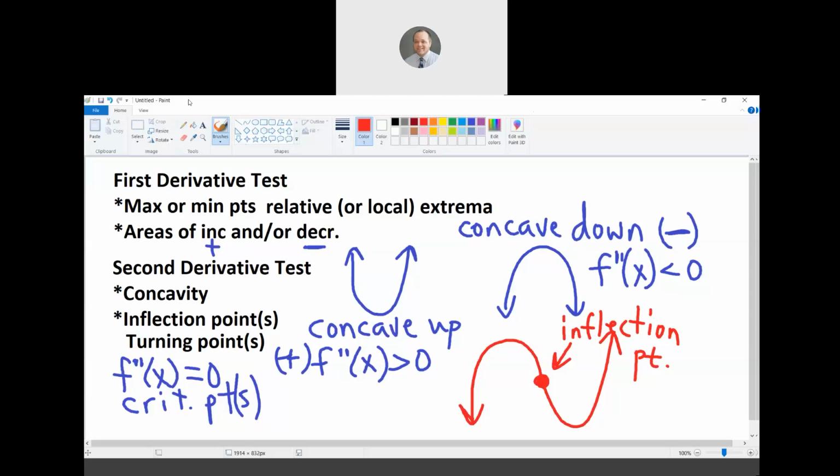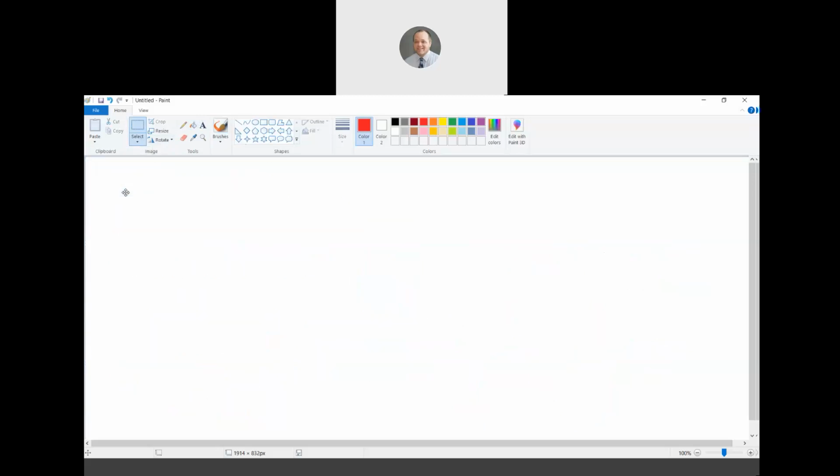Okay, I'm going to start with the basic function that we all know. We're going to use both the first and second derivative tests to get all the characteristics of our graph. So we have f of x equal to negative x squared.